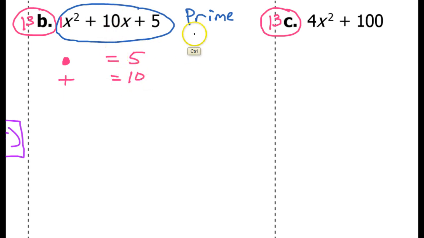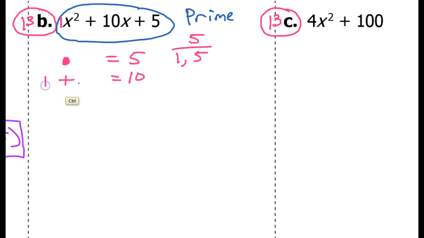We start with the product of 5. What are all the ways to multiply and get 5? Well, 1 and 5, and that's it. Okay, and then we ask ourselves, can we take this pair and make it add up to 10?